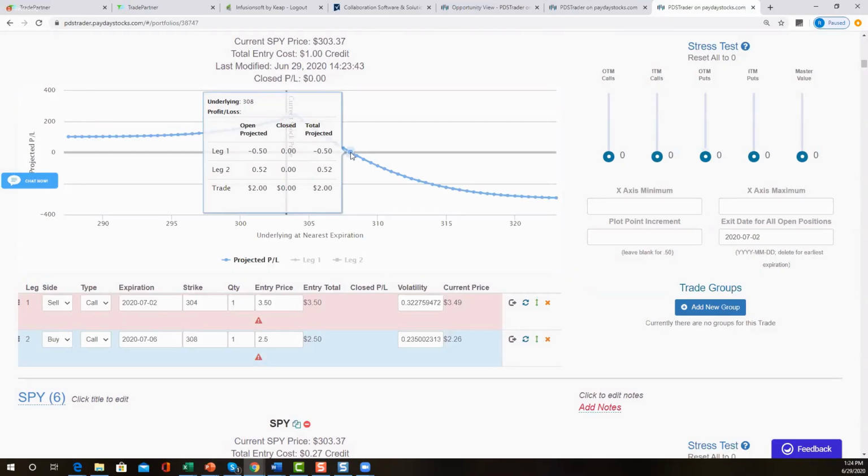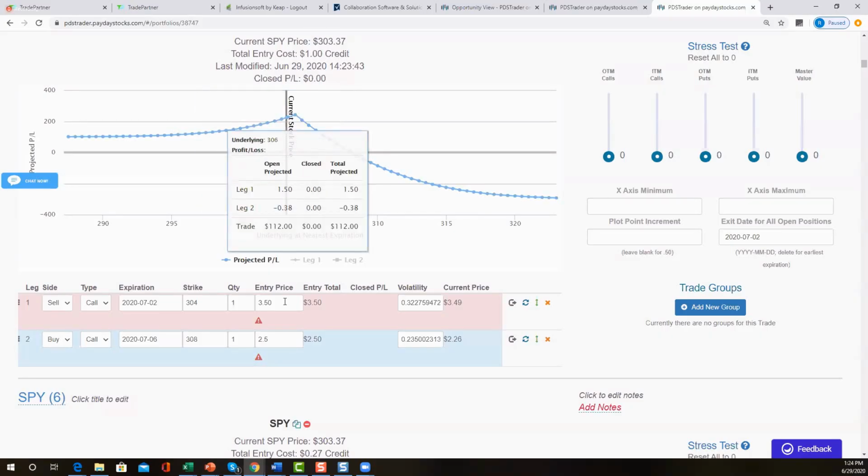It's going to be around the long strike in most of these cases, maybe a little bit lower if volatility begins to come out. It's not going to come out a whole lot or as much as it normally would, but this is also based on holding on to the trade until the absolute end of the week.